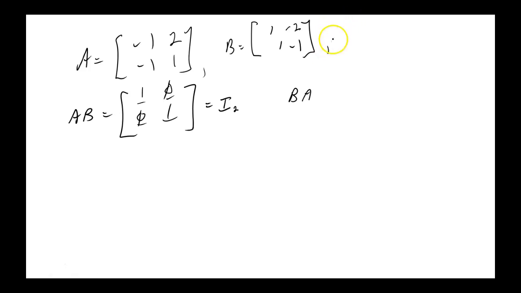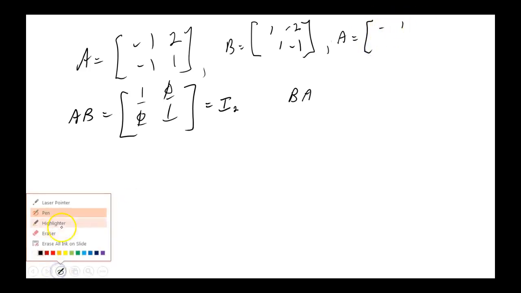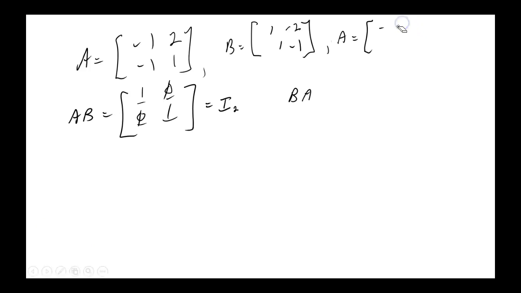So let's do the A over here, which is minus 1, 2, minus 1, 1. Can you do BA? What size will it be? 2 by 2. And let's do it to it then.